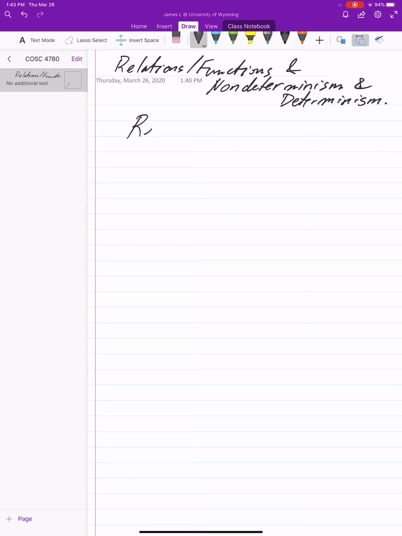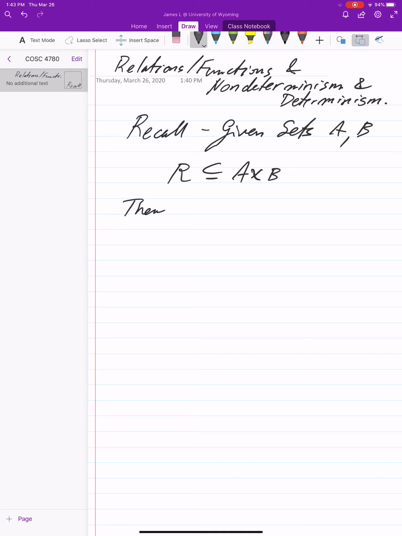So recall that given sets A and B, if R is a subset of A cross B, then R is a relation. So that's what it means to be a relation.